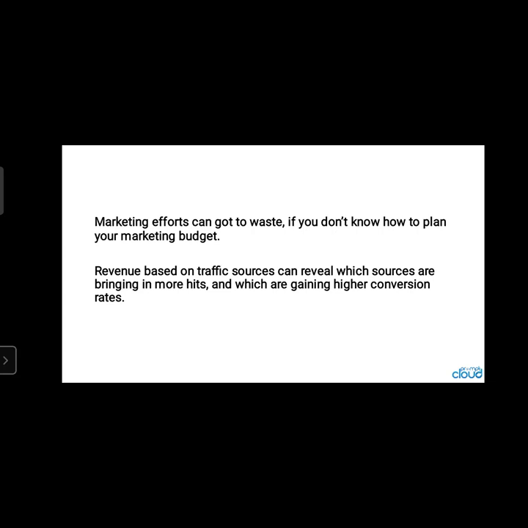Revenue based on traffic sources is about bringing more hits in sales, bringing more customers, and gaining higher conversion. Not all customers visiting a retail store are necessarily profitable to the store. It's quite possible that they will make some tentative buying, hardly 50 to 100 rupees.